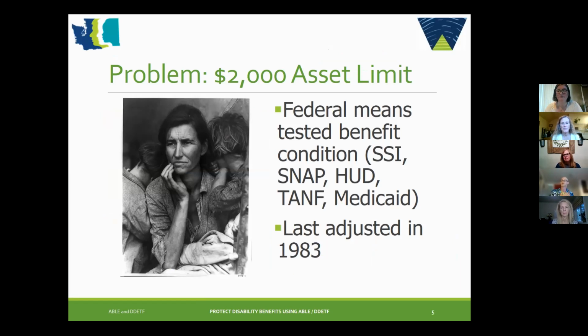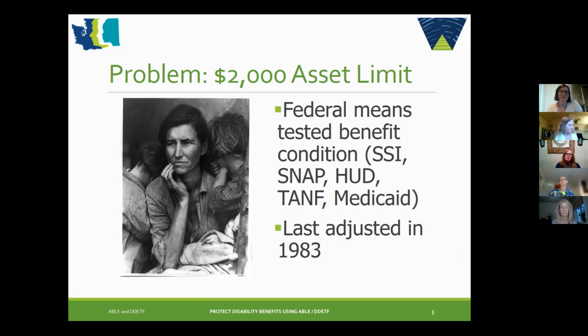So if your individual, your family member, is getting some other means-tested benefit program, which can include, in the old days we called it food stamps and stuff. If you get more than $2,000 in a savings account, in a banking account, stuffed underneath your mattress or something, then the potential is you're going to get kicked off your benefits. Those benefits are going to go down, or you're going to lose them altogether.